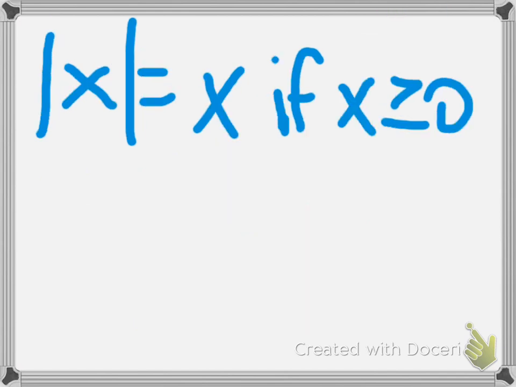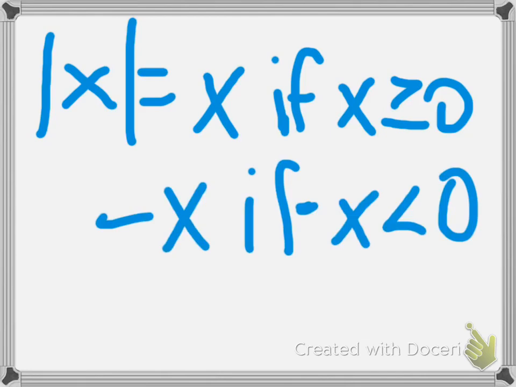So let's talk about the definition that we're going to use for absolute value. The absolute value of any number, x, is going to be x, that number, if x is greater than or equal to 0, or it's going to be the opposite of x if x is less than 0.